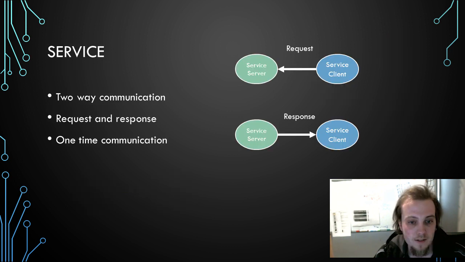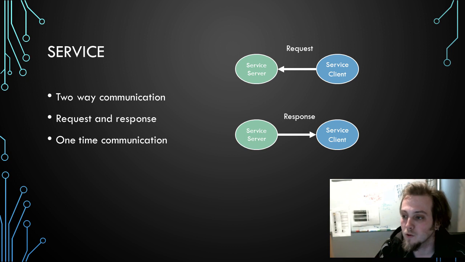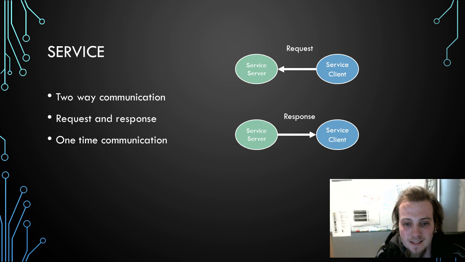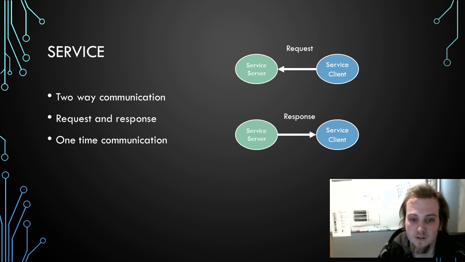The next thing we'll look at is a service. So a service, on the other hand, is a synchronous bidirectional communication between a service client that makes a request for information regarding a particular task and a service server that responds to that request. So this means that we can perform two-way communication using services.